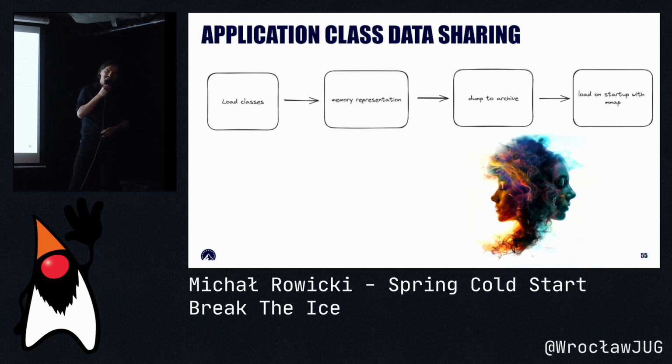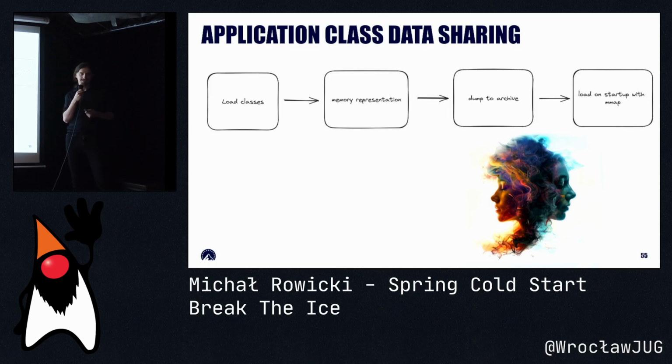Class data sharing was actually introduced in Java 6 as an Enterprise Edition feature for users of Oracle. Oh, I think it was a Sun feature, which was paid. It was opened in Java 8. And what does it do? The question was why we need to load all the classes' metadata every time.